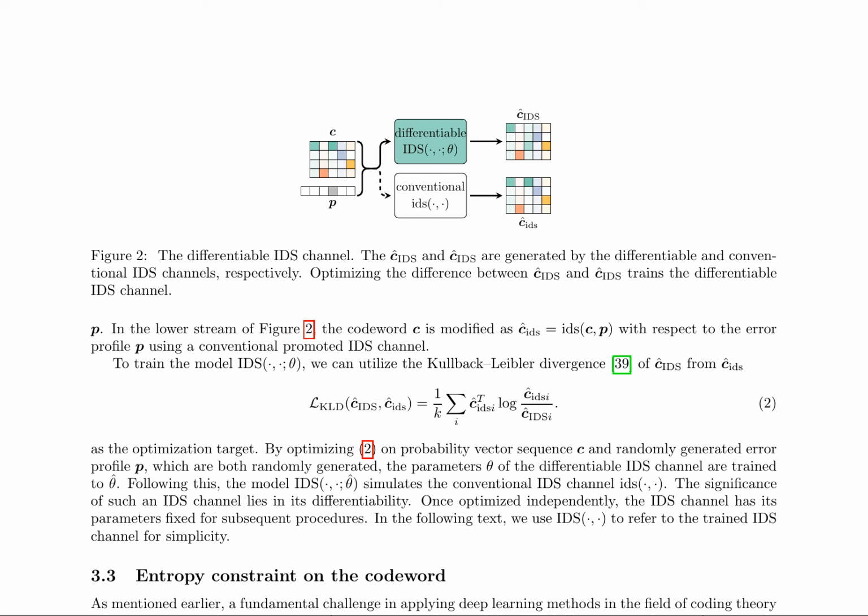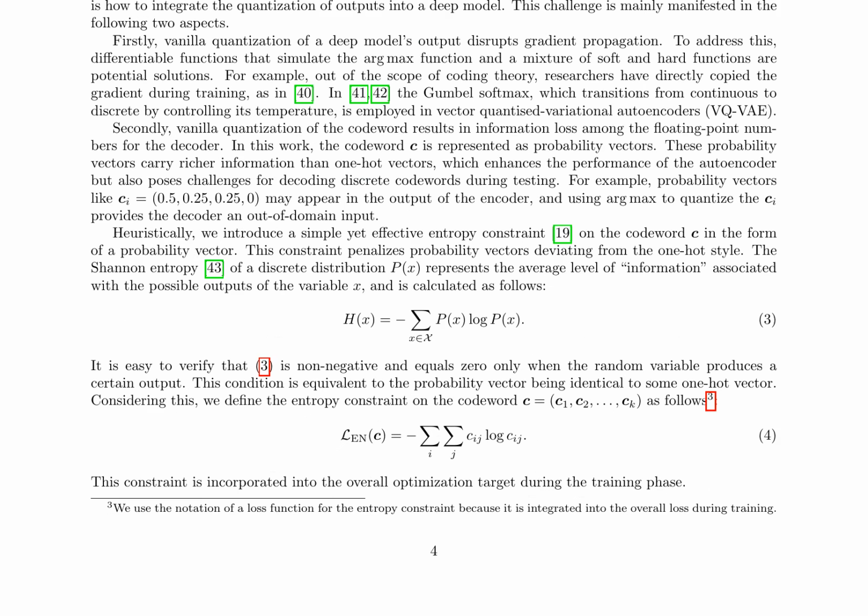To address the challenges of quantization and information loss, an entropy constraint is introduced on the codeword. This constraint is based on Shannon entropy and is integrated into the optimization target during training. This approach ensures that the model is trained to minimize the loss of information while optimizing the channel.